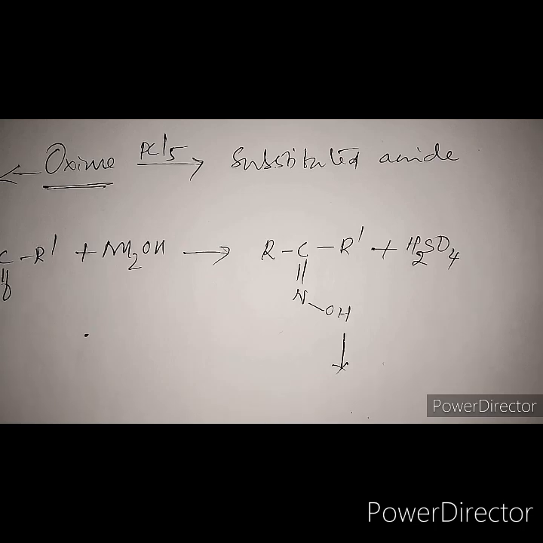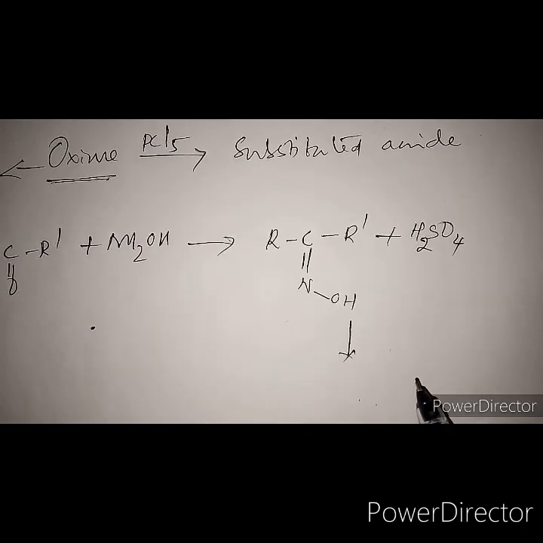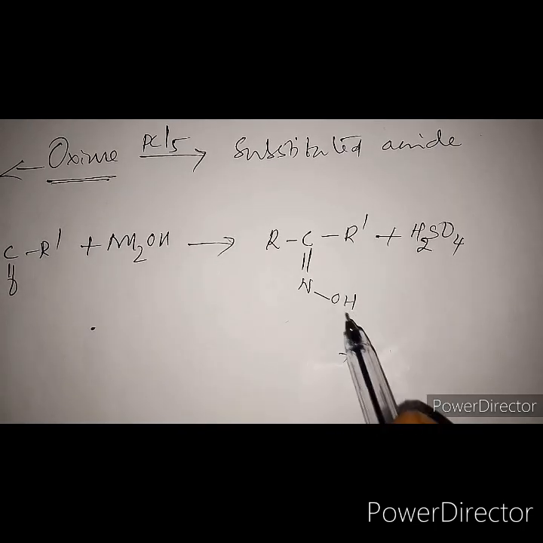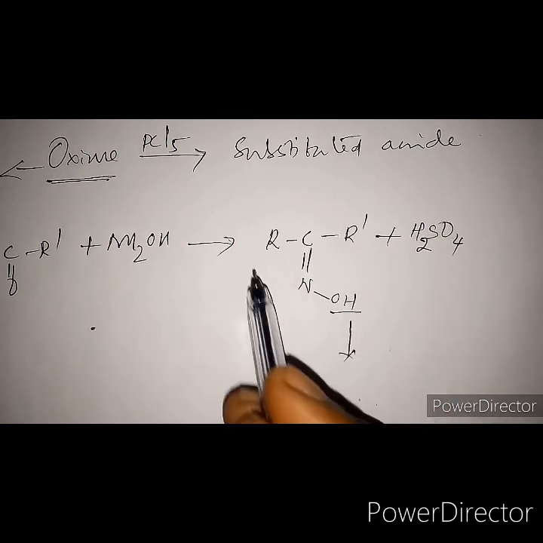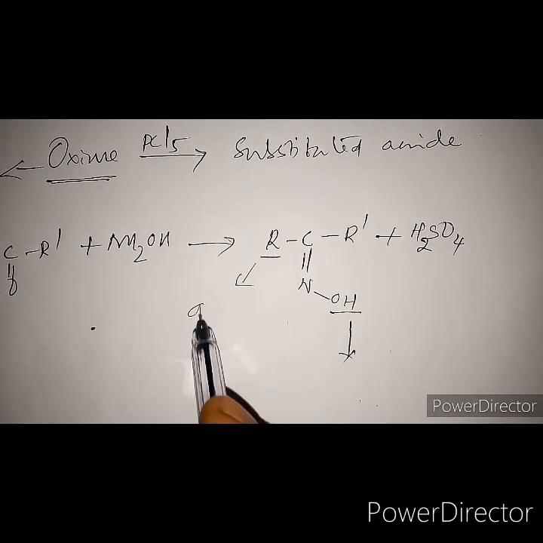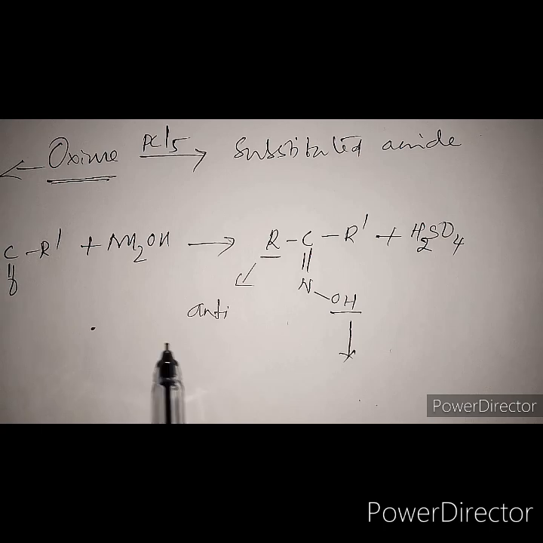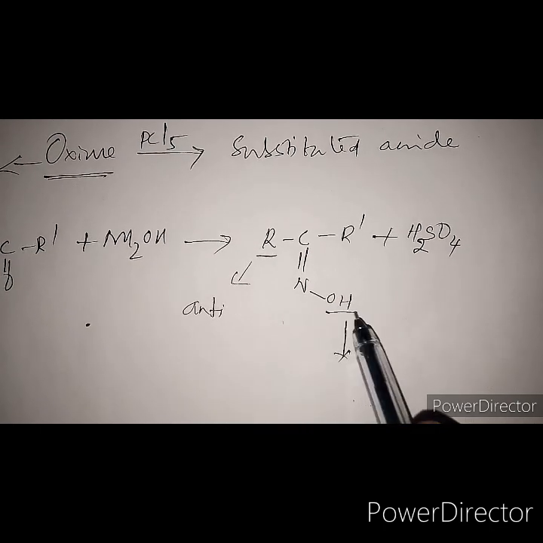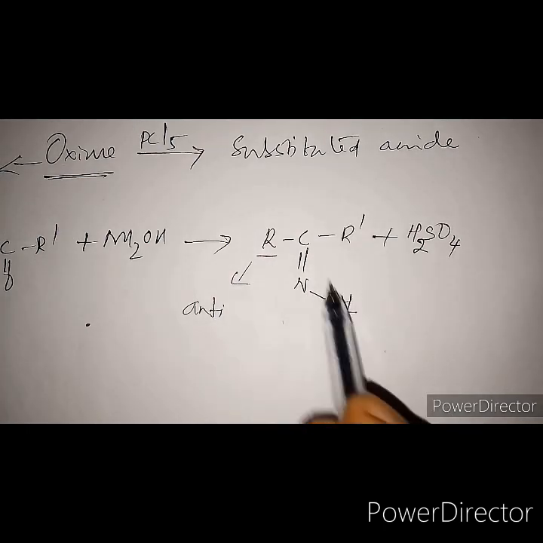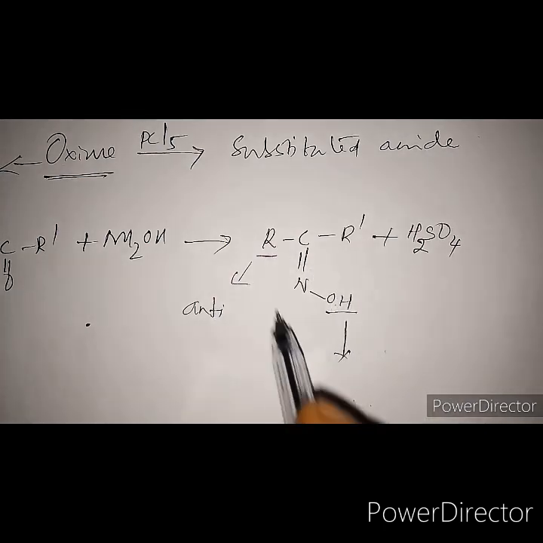Here one thing we need to remember in the Beckmann rearrangement is the stereochemistry. With respect to the OH group, the group in the anti position will always migrate. Anti to OH will always migrate.